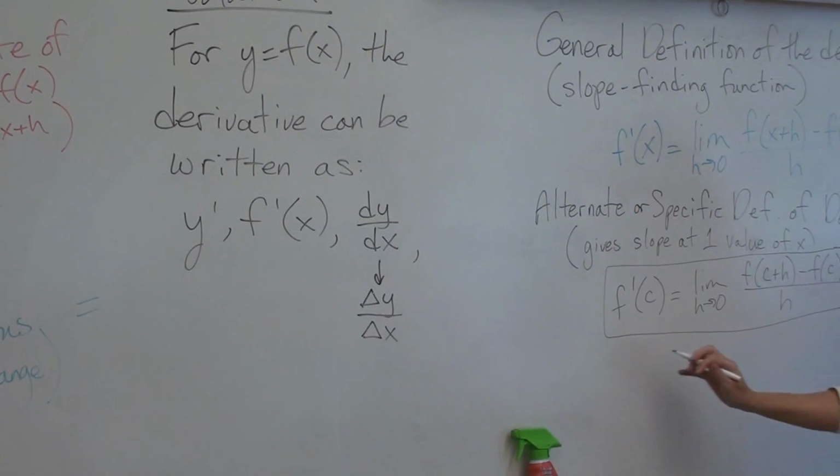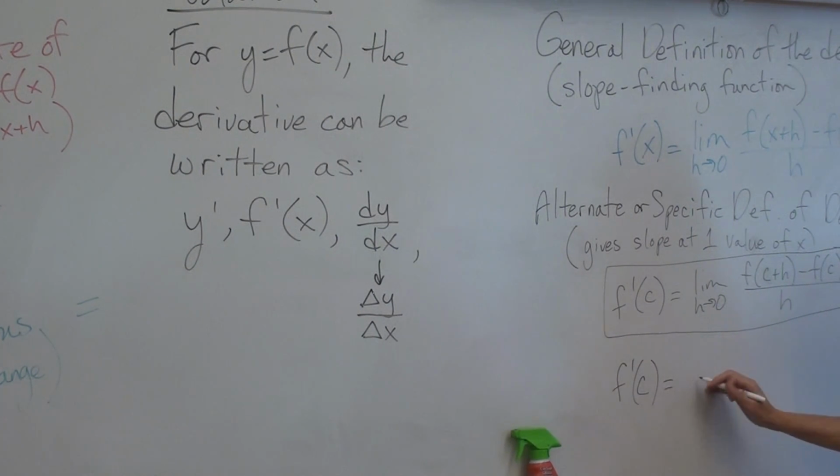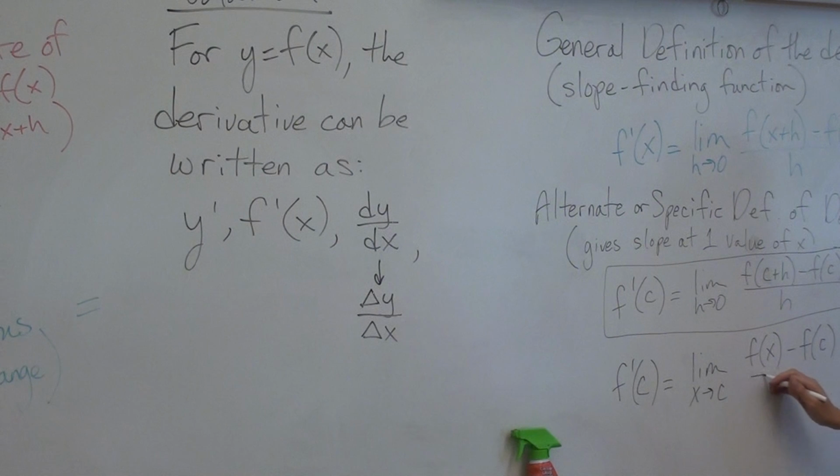The other alternate form, f prime of c, is the limit as x approaches c of f of x minus f of c over x minus c. Both of these are good, and you have to know all three. But if you get to choose, I personally like the bottom one the best.